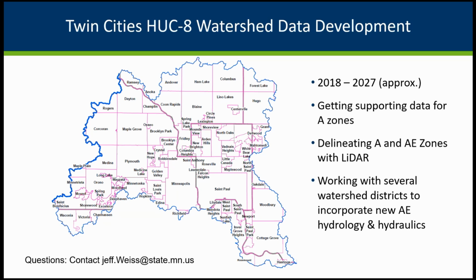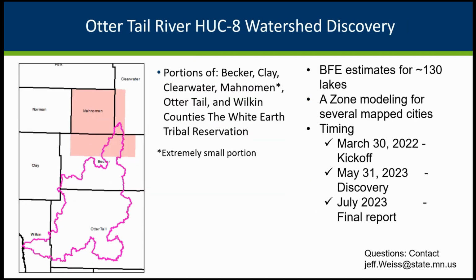This process is currently underway. Once the data development is completed, funding will hopefully be secured from FEMA to complete the rest of the mapping process, which includes the creation of those digital flood insurance rate maps. If any of the communities or callers on the training today have any specific questions about this, they can contact Jeff Weiss, whose email address is listed on the slide.